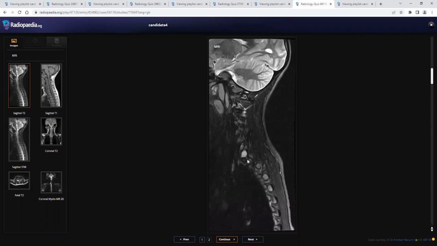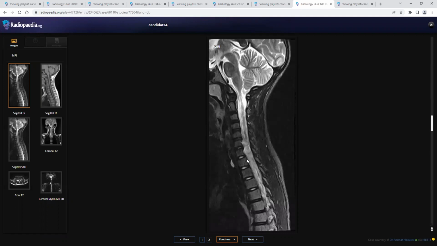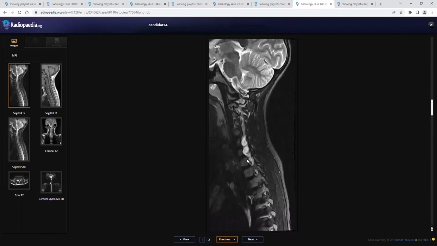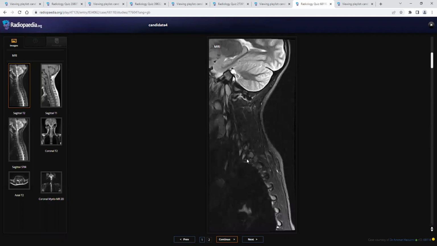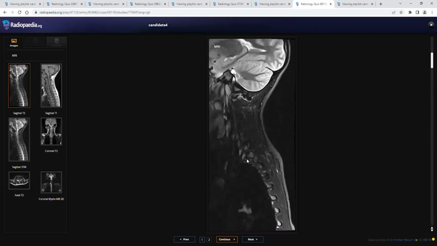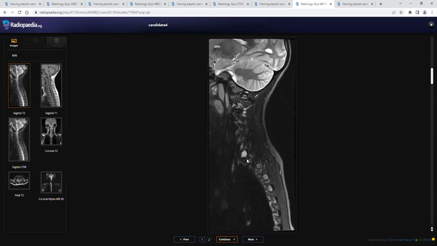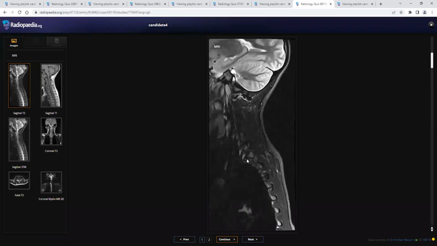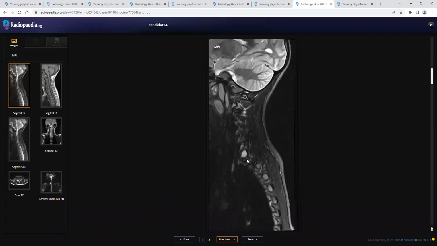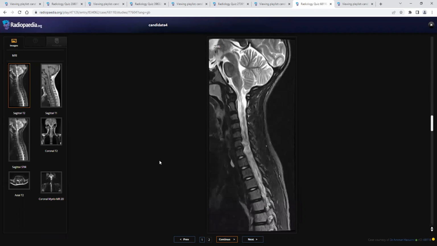I can see there is a widening of neural foramina at maybe around the lower cervical level. So maybe this can be a case of meningocele, lateral meningocele, or a case of neurofibroma in a case of NF1. I'd like to see axial sections once to confirm my findings.